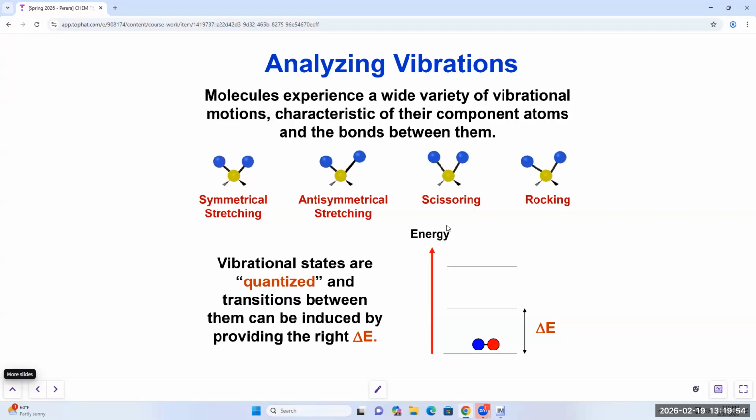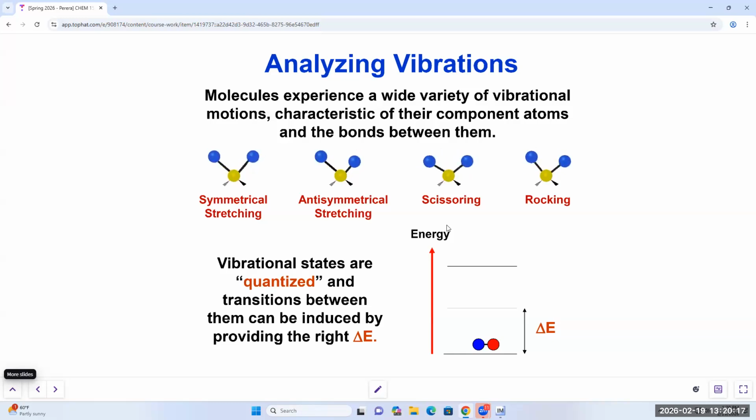This slide shows you four types of vibrational modes. We can have symmetric stretching, anti-symmetric stretching, scissoring, and rocking vibrations in molecules. Those are different modes of vibration that have different energy levels.